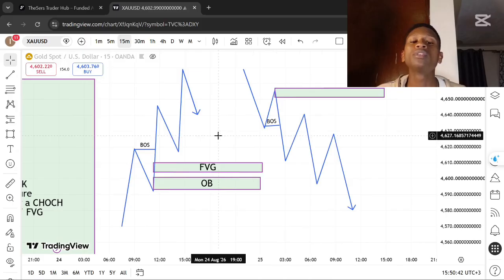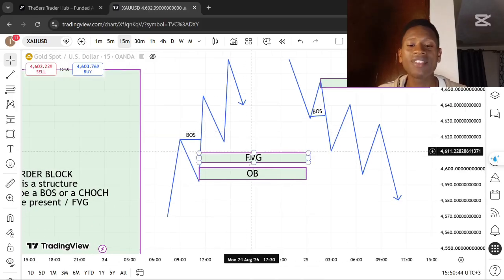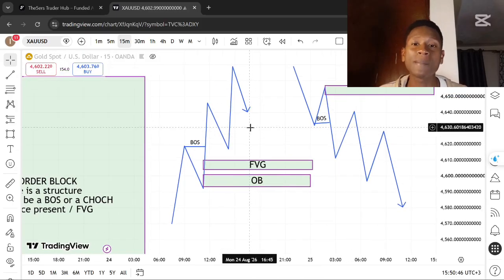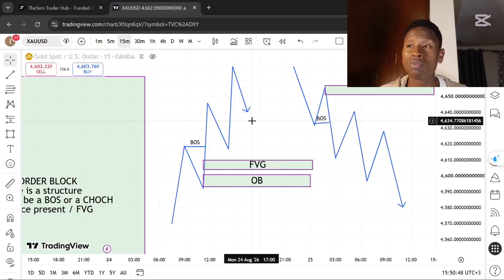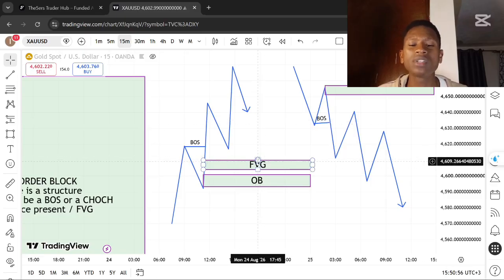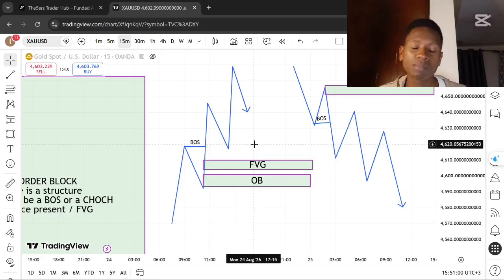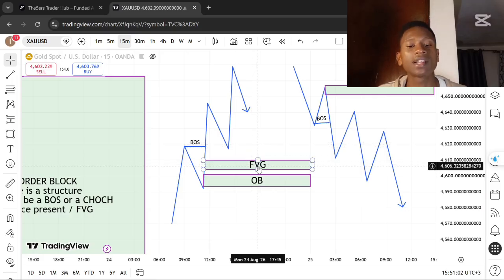The logic behind having an imbalance over here is that the market always comes back to clear, or rather to fill, or to balance. A fair value gap shows that there were either more buyers than sellers, or more sellers than buyers. So the market will come to clear, or rather to make a balance over here.